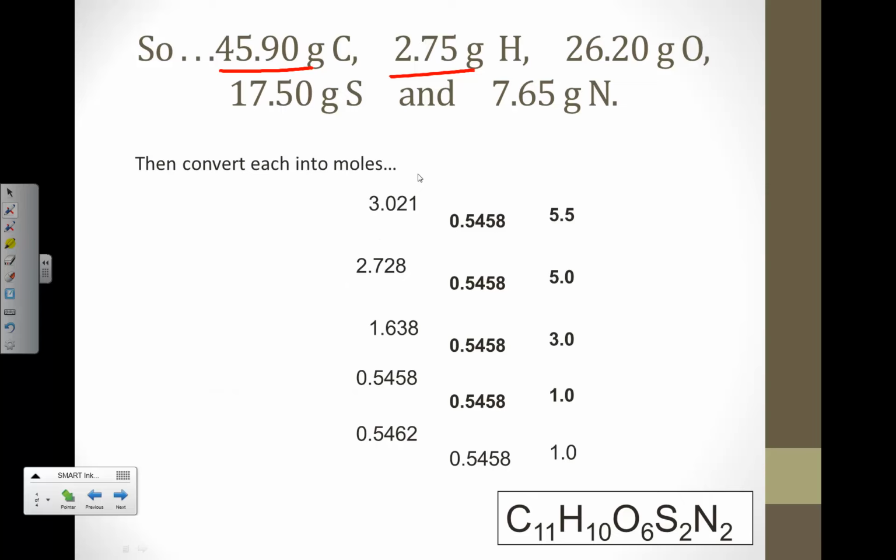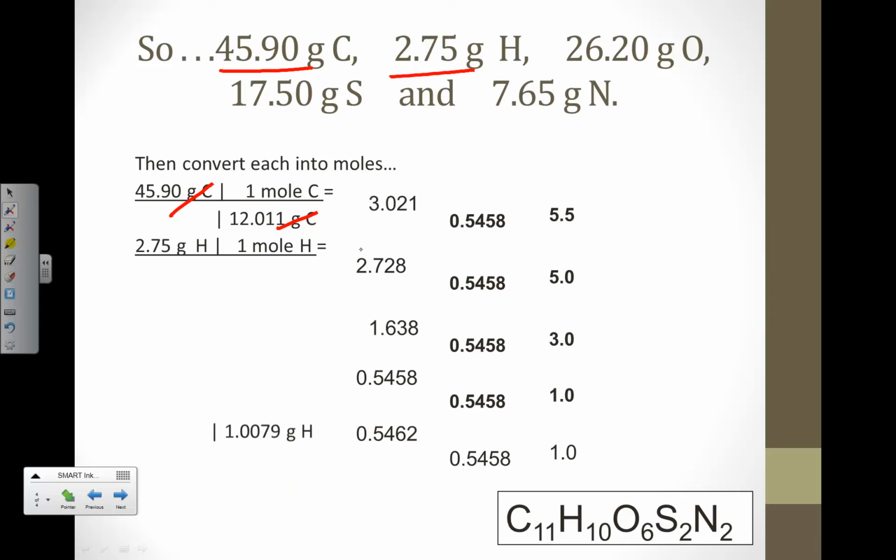Okay, now we have to convert each gram to a mole by using our molar mass. So we start here with the 49.90 grams of carbon. We use the molar mass of carbon so our grams cancel out. That leaves us with moles. That equals 3.201 moles of carbon.